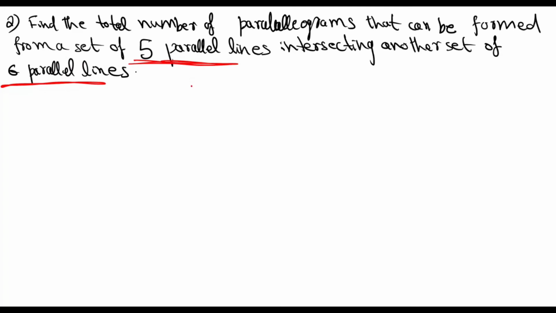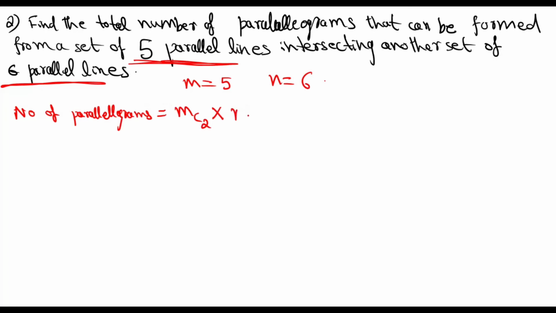Compare with that formula. Here we'll get m value is equal to 5 and n value is equal to 6. Okay, write the formula. Number of parallelograms is equal to, formula is mC2 into nC2.